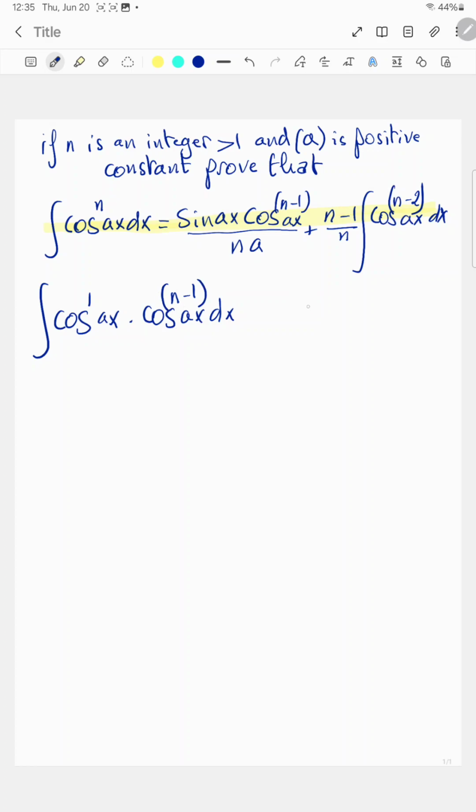Because I know, if I do x to the power of 2 times x to the power of 3, I add the exponents and it becomes x to the power of 5. And here, because I have the same cosine ax, I can add the exponents, which is 1 plus n minus 1. It will give me cosine to the power of n ax, as if I did not do anything here.